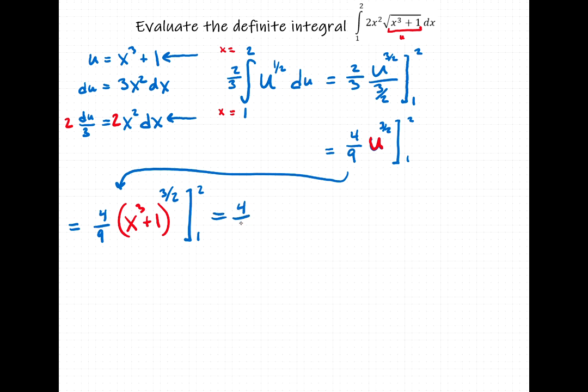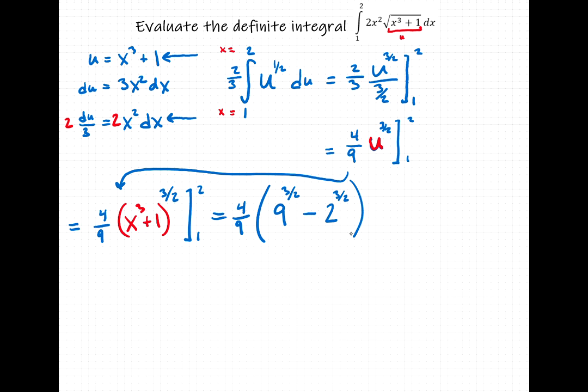All right, so we have 4 over 9. If we plug in a 2 for the x, 2 to the 3rd power is 8, plus 1 is 9. So we'll have 9 to the 3/2 power. Then let's plug in the 1. So we'll subtract 1 cubed plus 1, which is 2 to the 3/2 power.